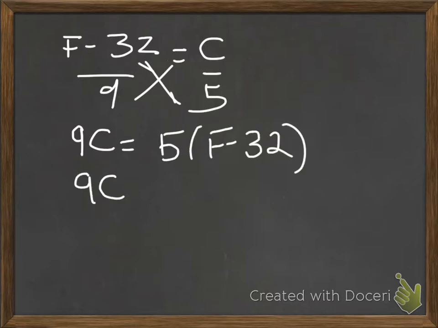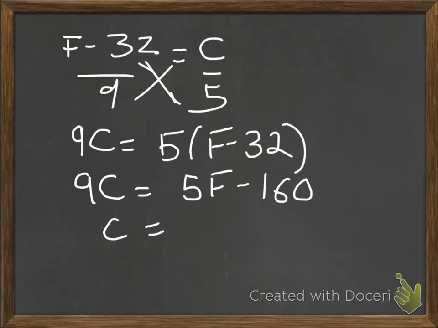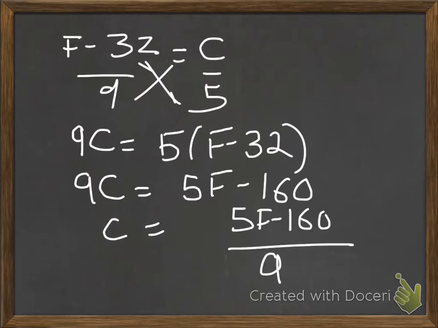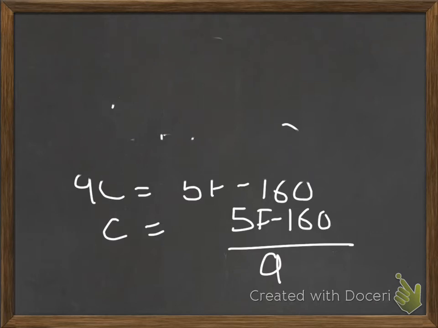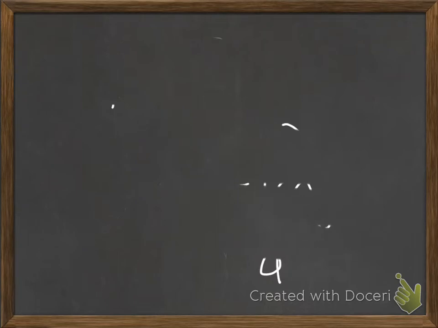So 9C equals 5F minus 160. So if we do like that, we will get C equals (5F minus 160) by 9. So I think it's a mistake, but we'll directly write the formulas for the questions.